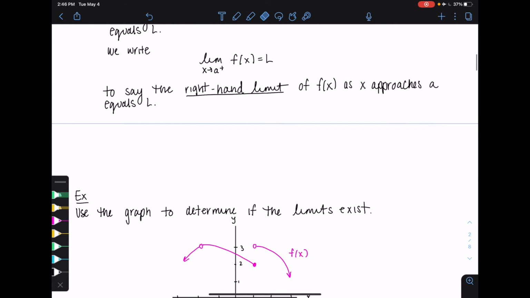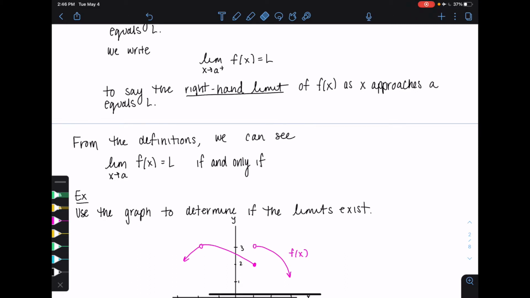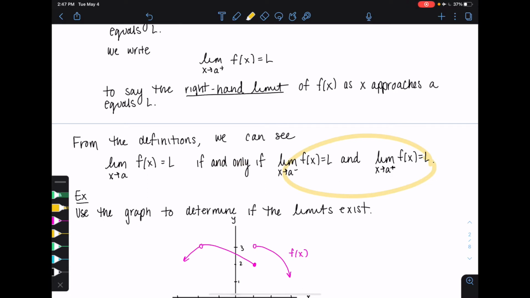So ultimately, from these definitions, the limit as x approaches a of f of x equals L if and only if both the left and right-hand limits equal L. So you can kind of read this either way. If this happens, then the left and right-hand limits are L. If these both are the same, then the two-sided limit is equal to L. So that's all that if and only if statement means.